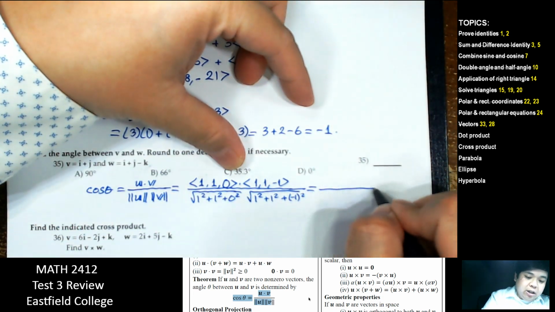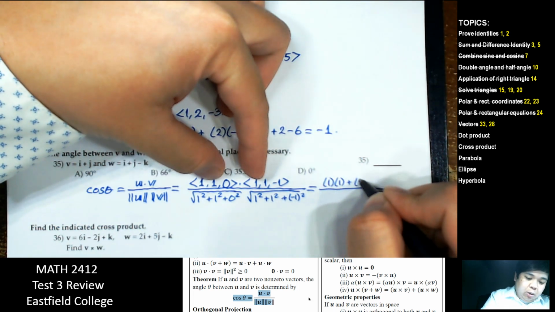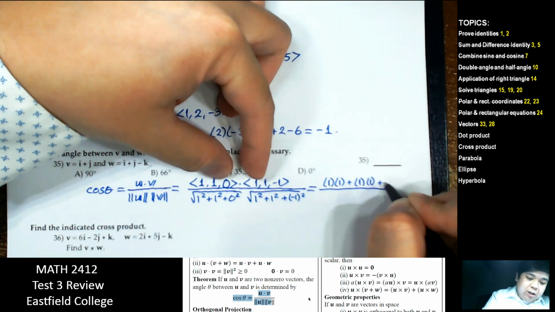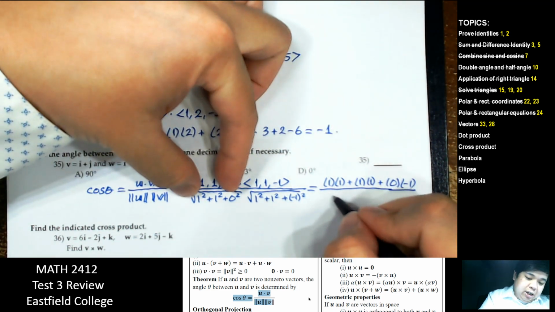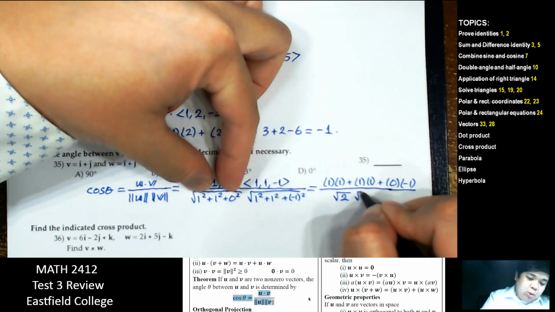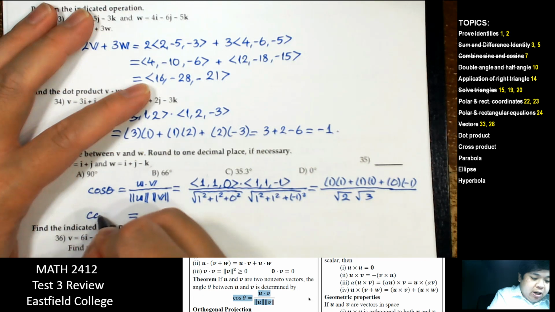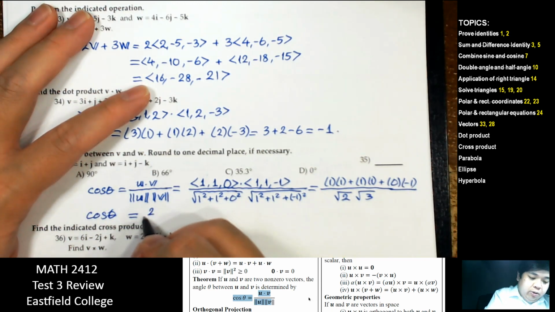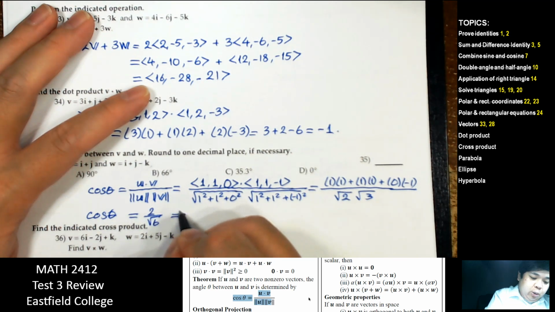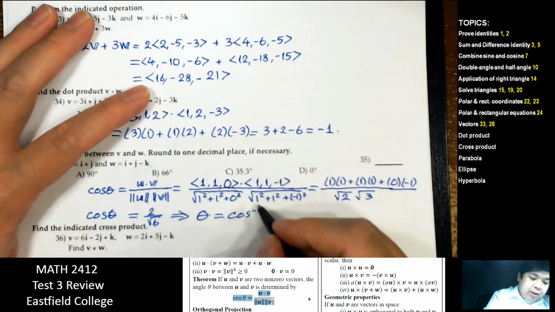The dot product gives us 1 times 1, 1 times 1, 0 times negative 1. And here we have square root of 2 times square root of 3. So doing all of that, cosine of theta will be 2 over square root of 6. And with that, cosine inverse of 2 over square root of 6.